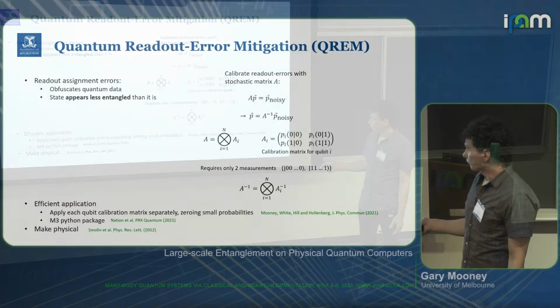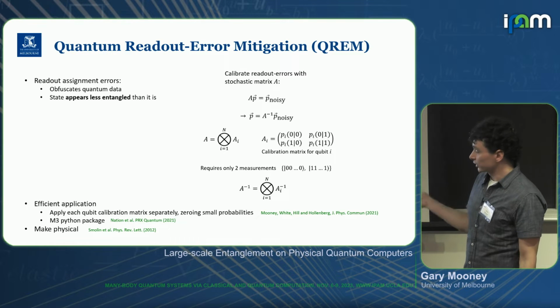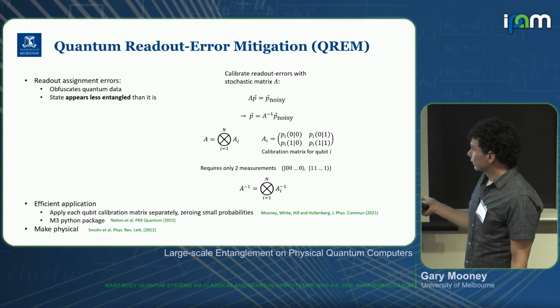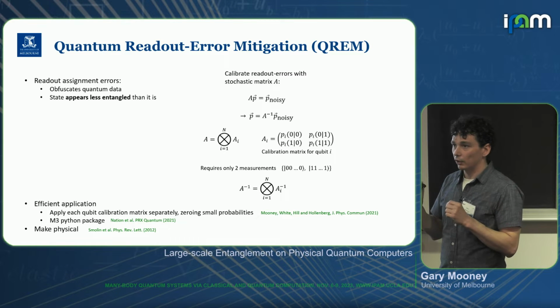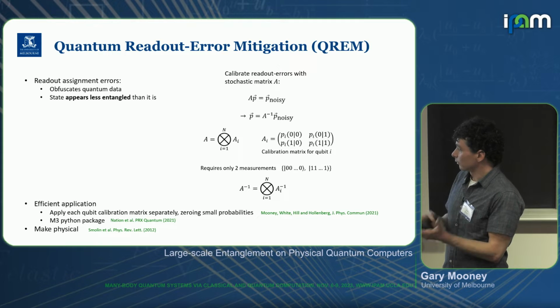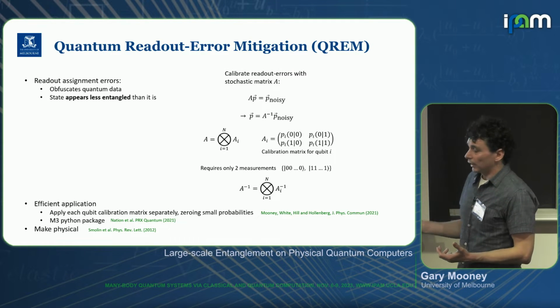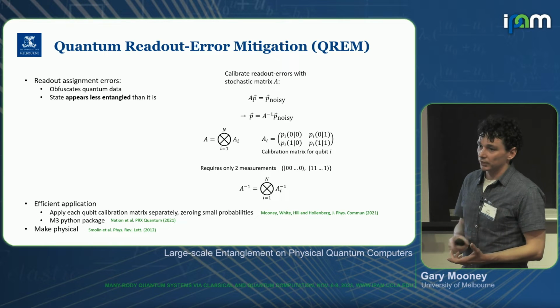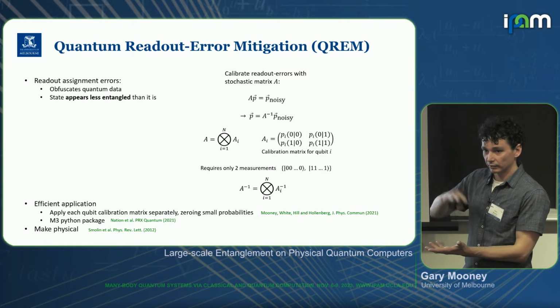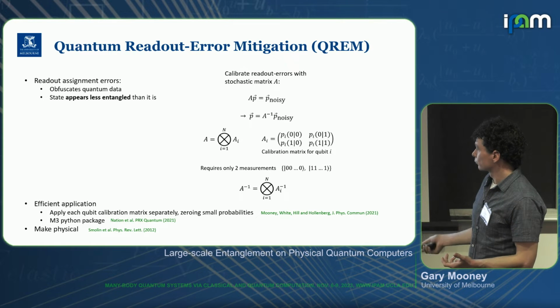The first was a method we developed, where we apply these single qubit corrections individually, and the states that have a really low probability in the probability vector, we just zero them. Then we apply the next qubit. It's a way to cut out all of the ones that we know aren't going to be useful to keep in our calculations.